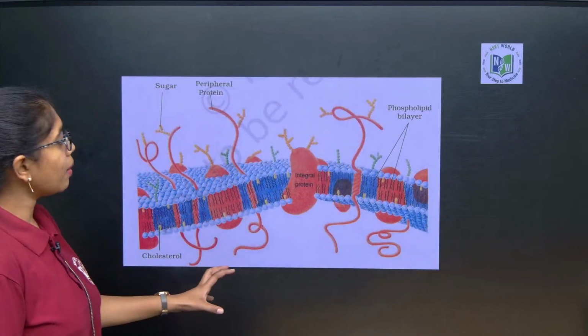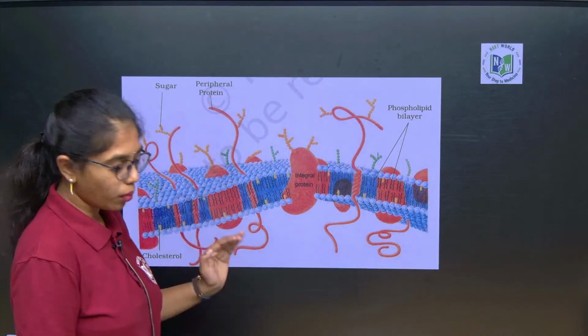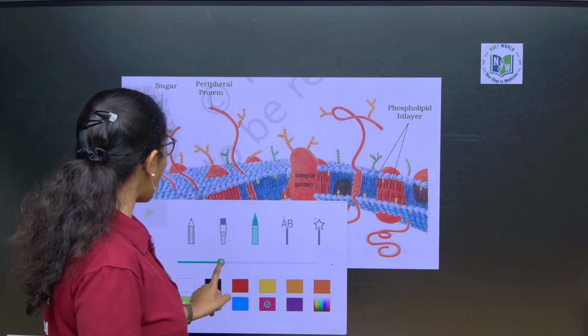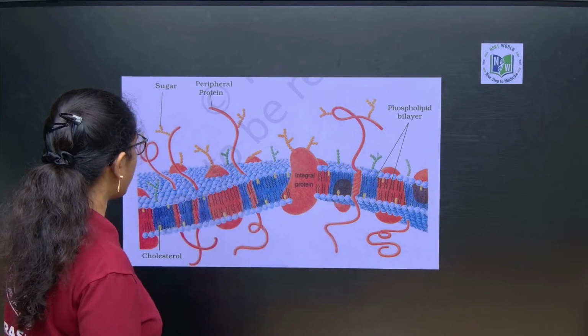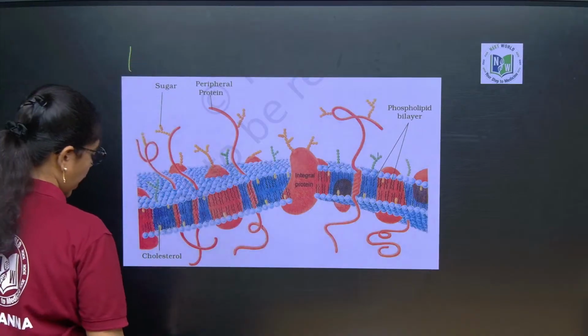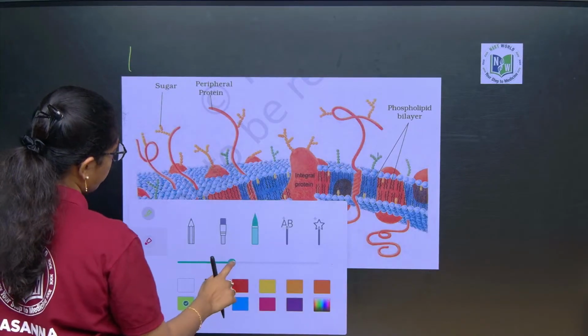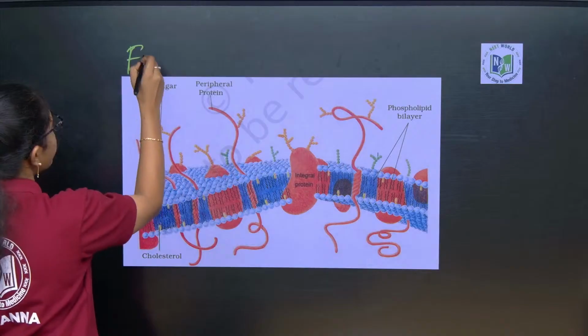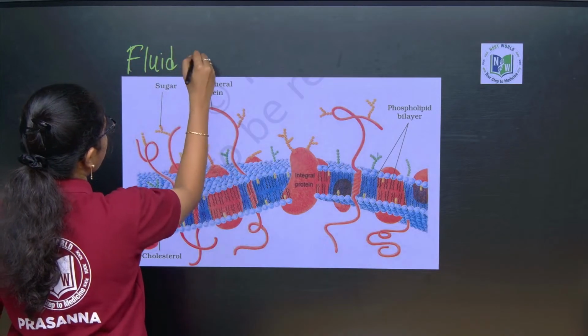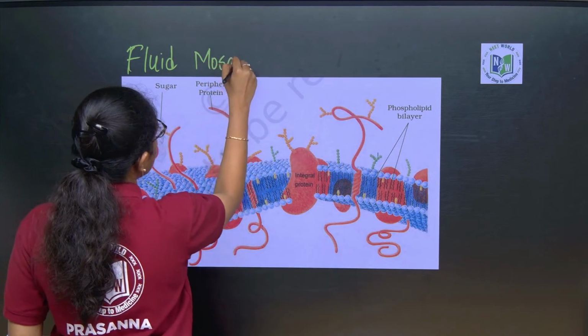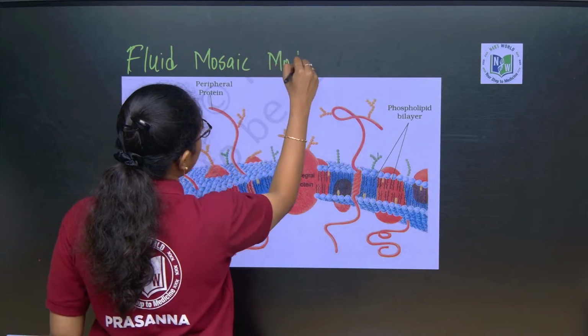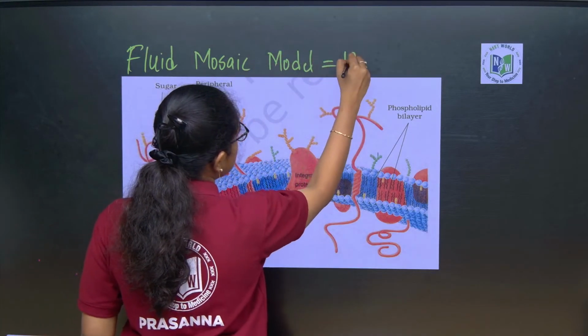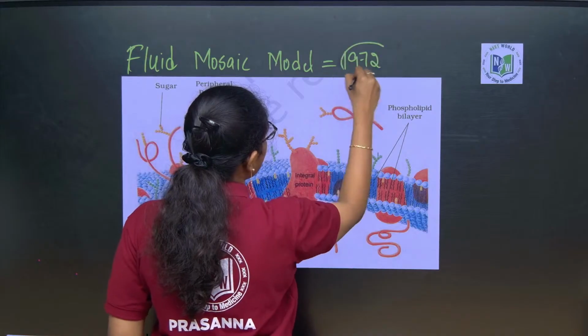Next, when it comes to the plasma membrane model, the most widely accepted model is the fluid mosaic model. Fluid mosaic model is given by Singer and Nicolson in the year 1972.